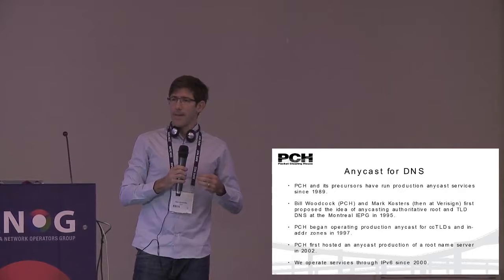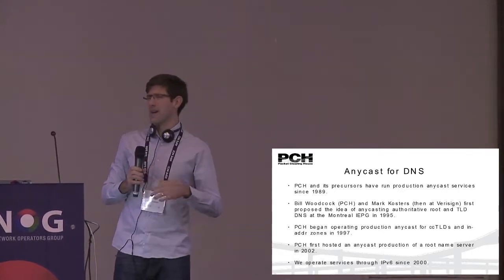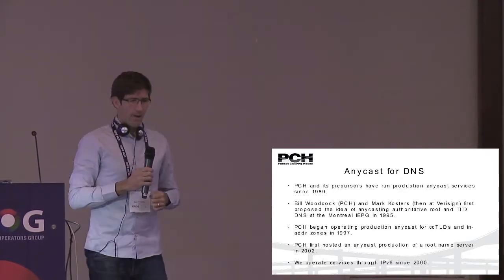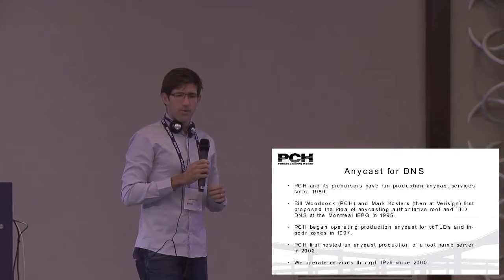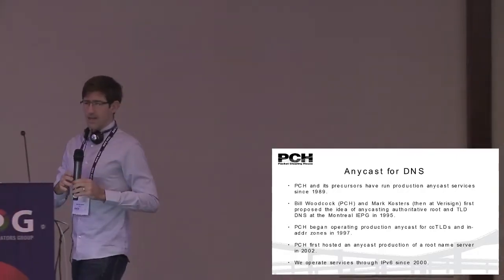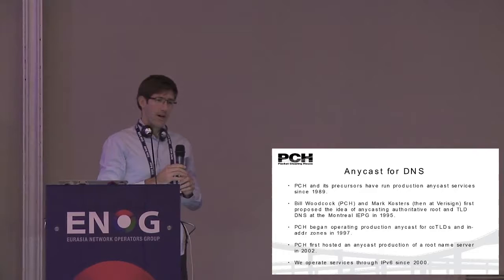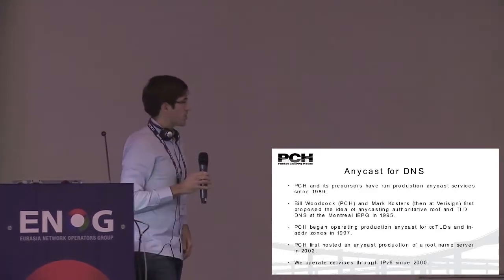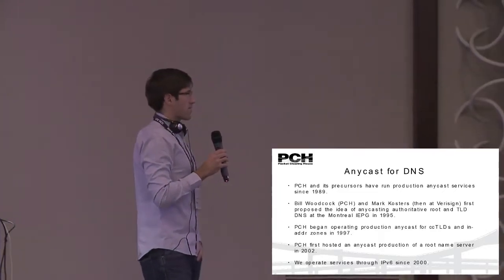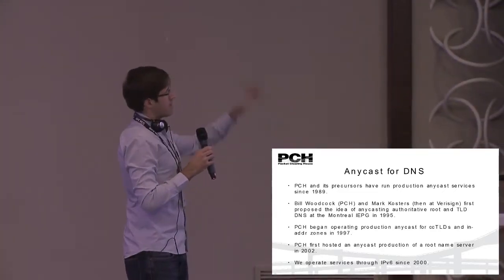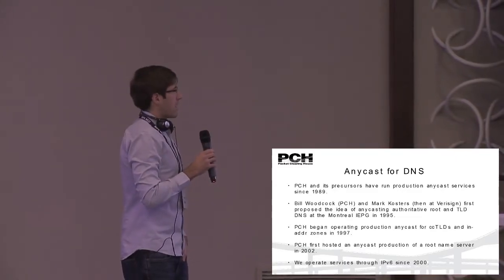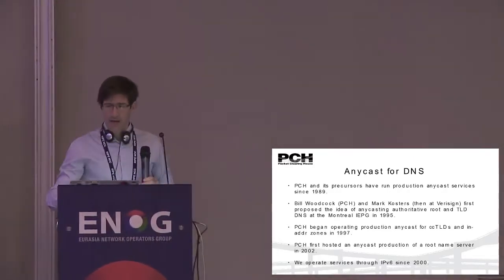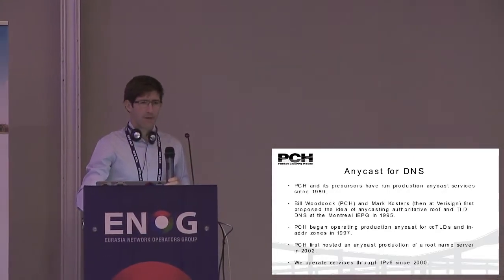The idea is to show that this is something that has been happening for a while. We as PCH began operating production Anycast for ccTLDs and other zones in 1997, and we started with the Anycast production of a root name server in 2002. So this is a little bit of the history. We operate services through V6 since 2000, and that's just an addition to it.